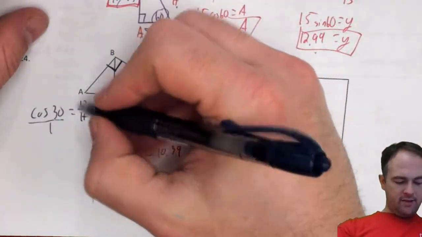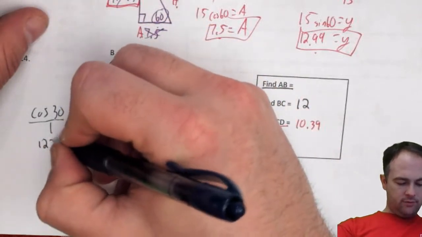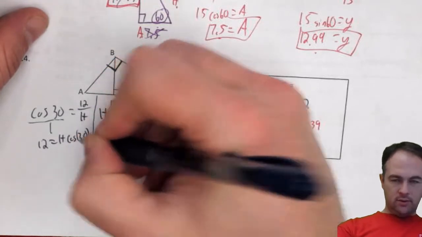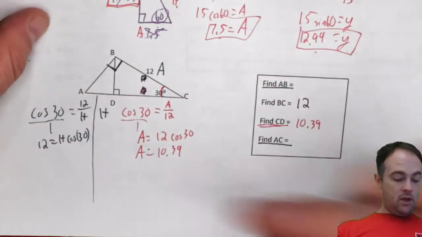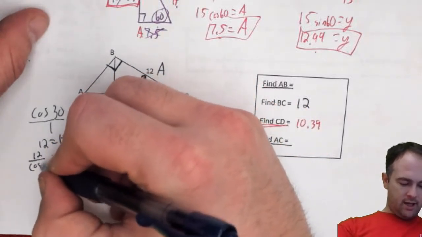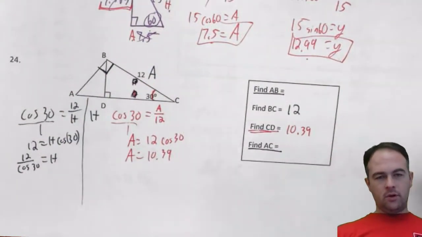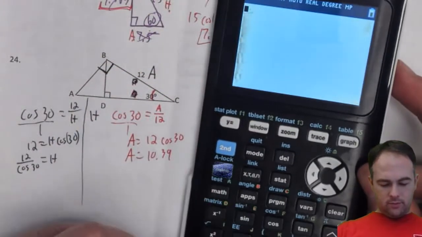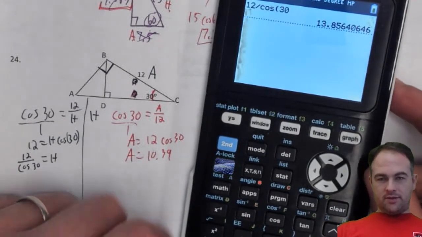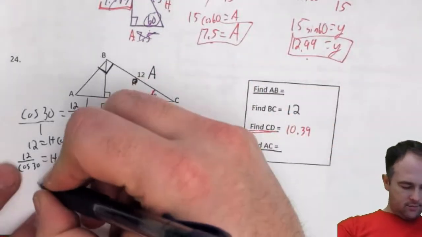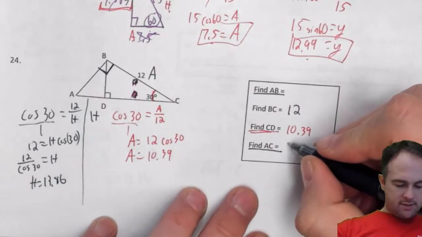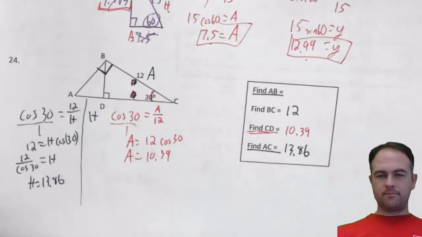Cross multiply and divide that. 12 times 1 is 12. H times cosine 30 is h cosine 30. Now, divide both sides by cosine 30. That gives me 12 divided by cosine 30. Run to the calculator. 12 divided by cosine 30 gives me 13.86, which I'm going to copy in here as AC, 13.86.